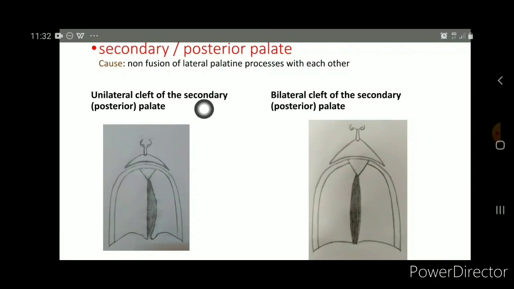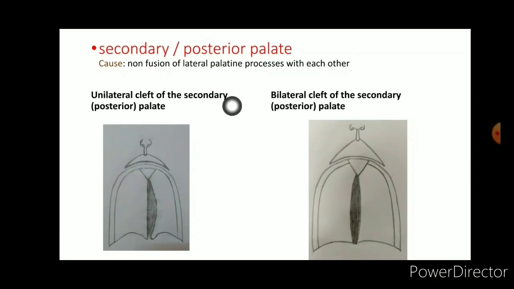Now secondary or posterior palate cleft is due to non-fusion of the lateral palatine processes with each other, this one. So it may be a unilateral cleft of the secondary or posterior palate, or it may be a bilateral cleft of the secondary or posterior palate.